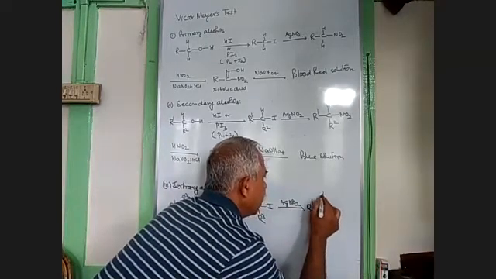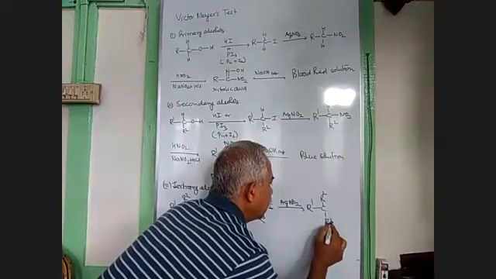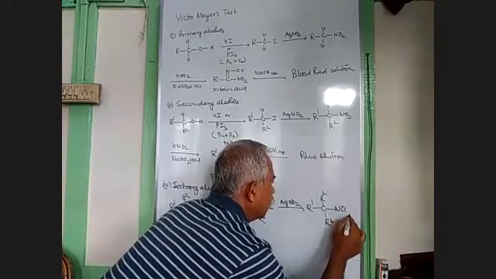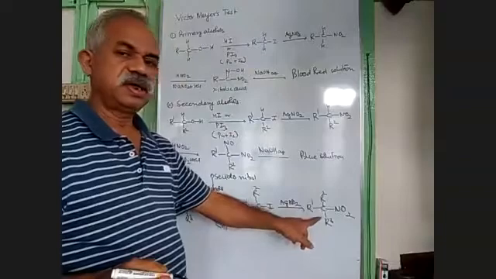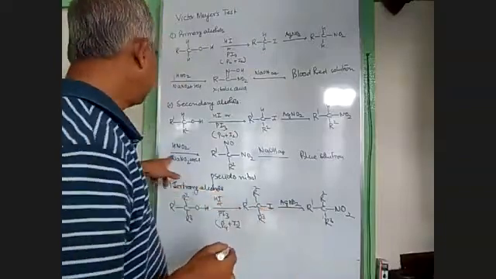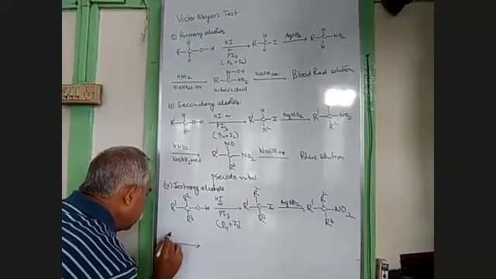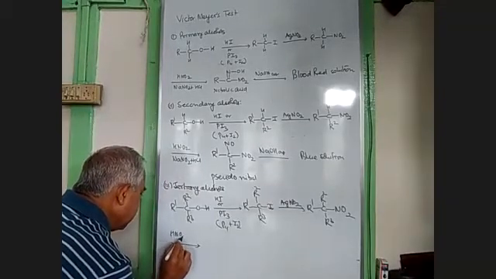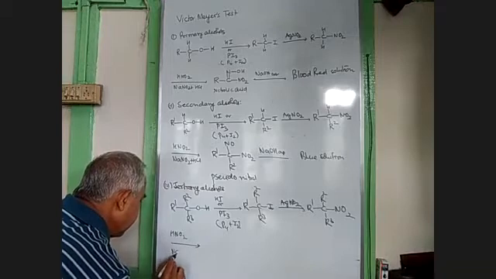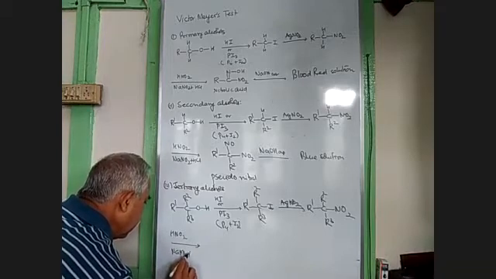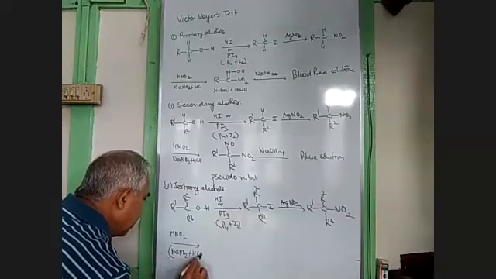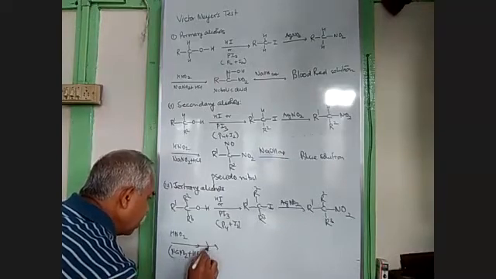R1, R2, R3, C, NO2. Now see, this does not have any hydrogen. It is not going to react with nitrous acid. But anyway, we cannot see the molecule. Sodium nitrite and HCl. So we'll write it does not react.